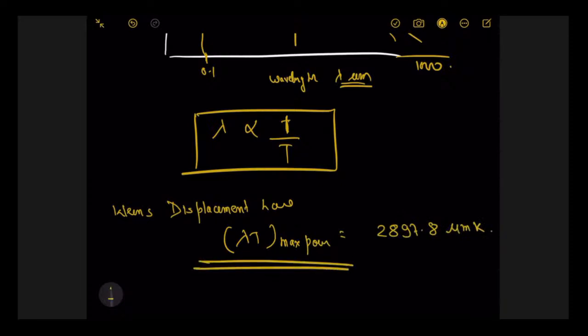If you know the lambda, you can easily calculate the corresponding temperature from this. It means that a larger fraction of radiation is emitted at a shorter wavelength at a higher temperature.